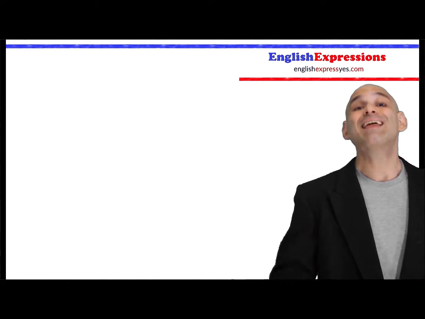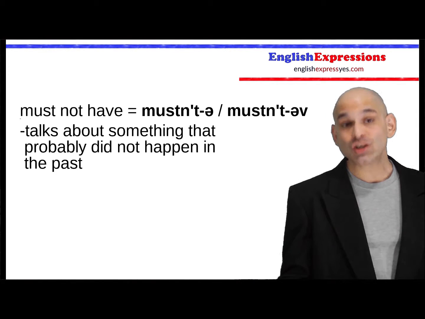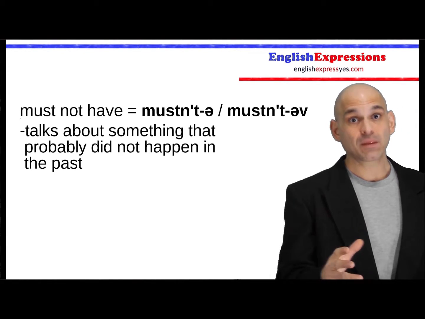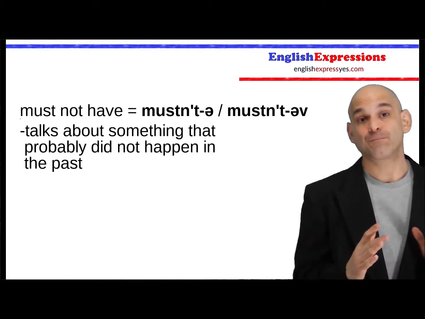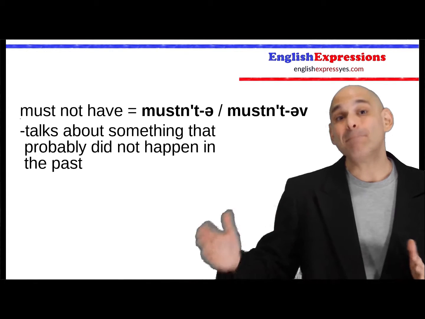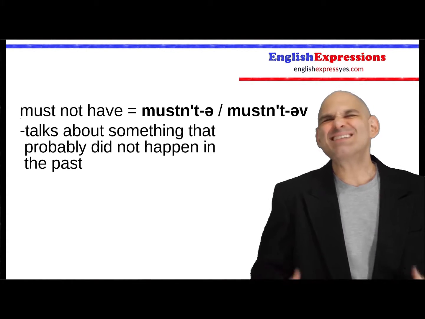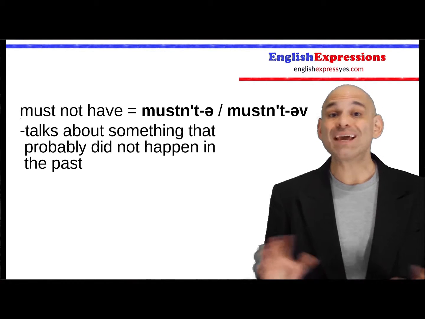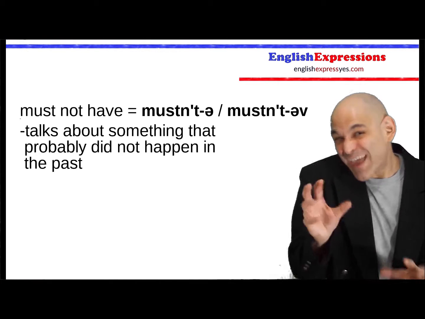Now, we can also use this in the negative form. Must not have. Except, of course, a native English speaker would say, must nota or must not have. Now, notice that here for the negative, just like may or might, we do not use the contraction. It doesn't sound correct. So don't say mustn't or mustn't have. You could say that. It's okay.